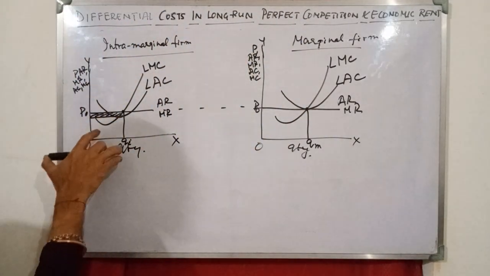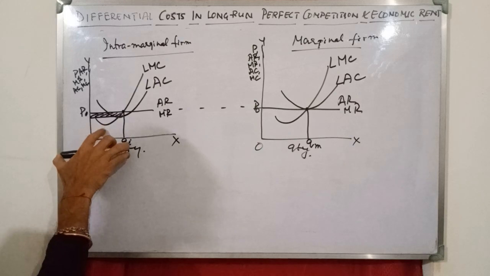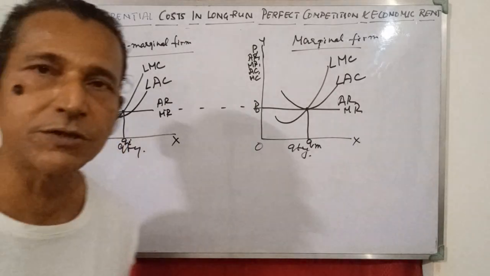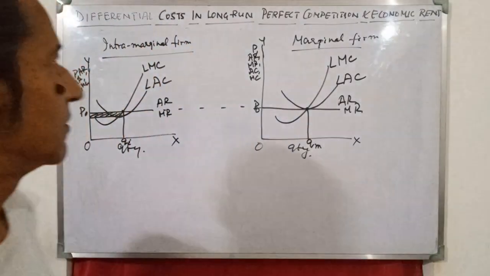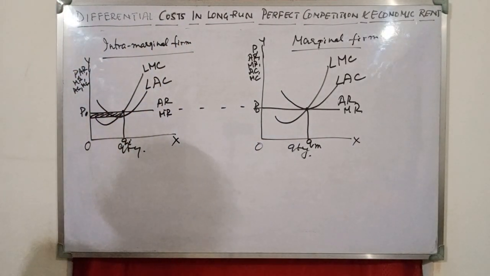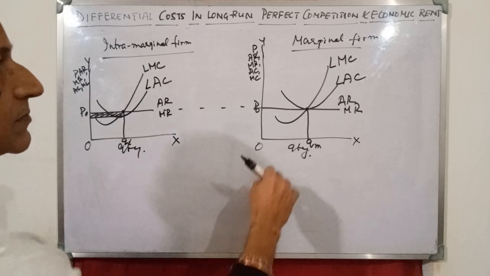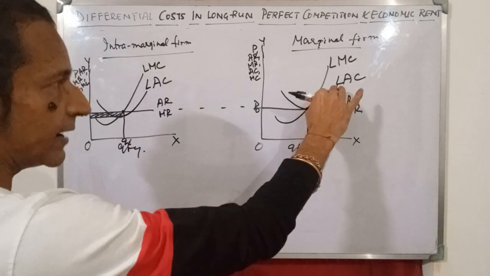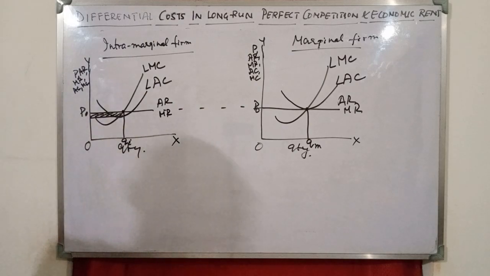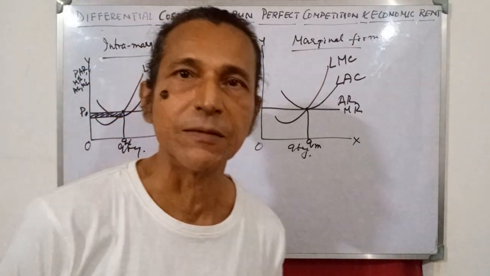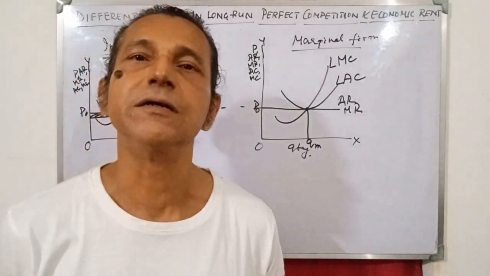Now the question is, will the supernormal profit earned by the intra-marginal firm be wiped out? You see, the marginal firm has a higher average cost than the intra-marginal firm. Why? The intra-marginal firm is deploying more efficient resources.